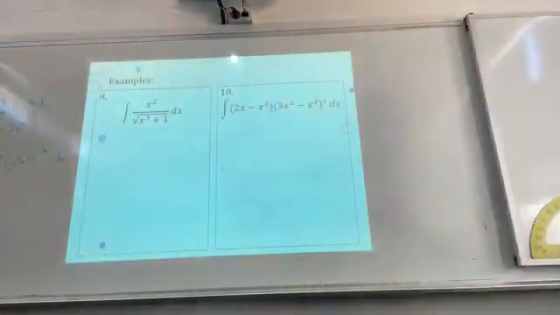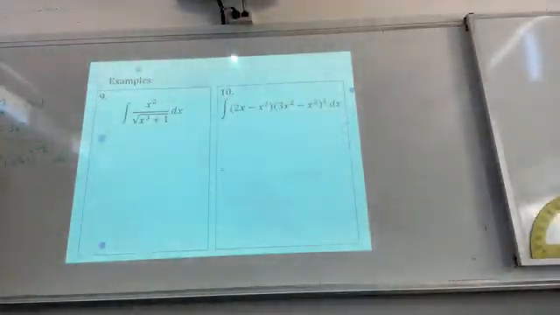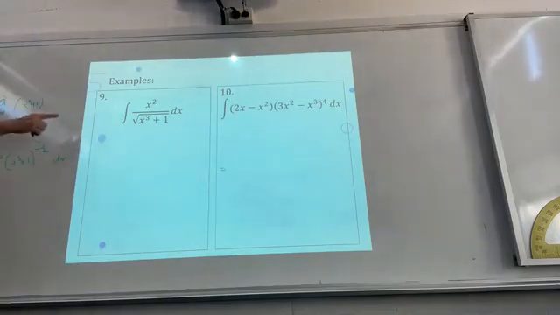So what I would then do is, I will have to put a 3 here and multiply it by 1/3, because that will give me x squared. Correct? If I rewrite that, that's the same as that.